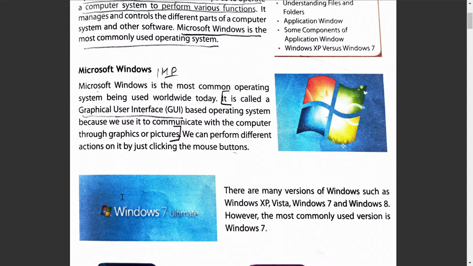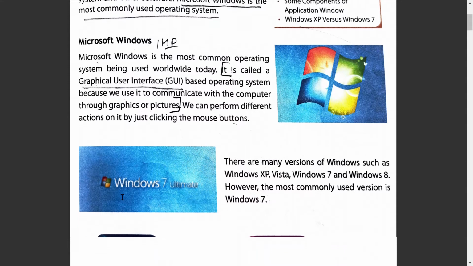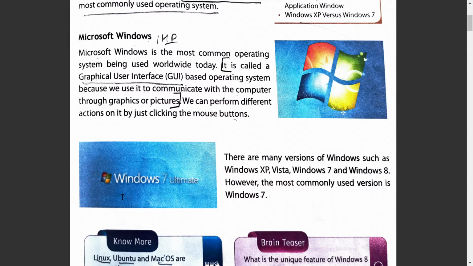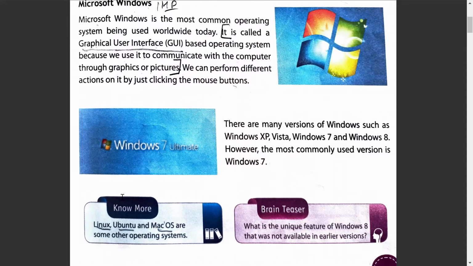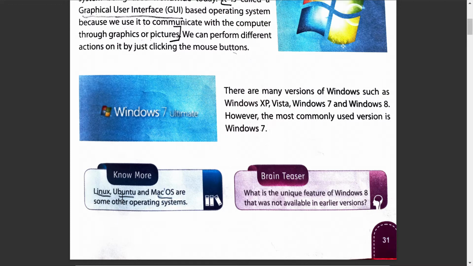Therefore it is known as a GUI based operating system. We can perform different actions on it by just clicking the mouse button. There are many versions of Windows such as Windows XP, Vista, Windows 7, Windows 8. However, the most commonly used version is Windows 7.